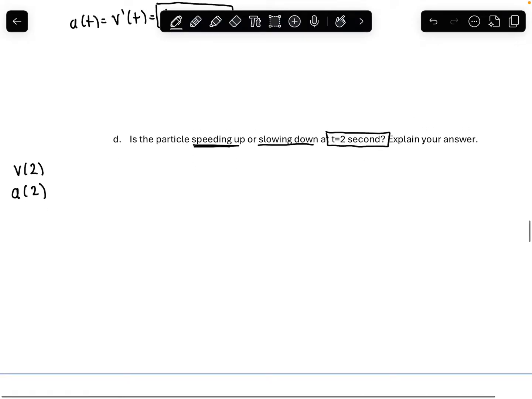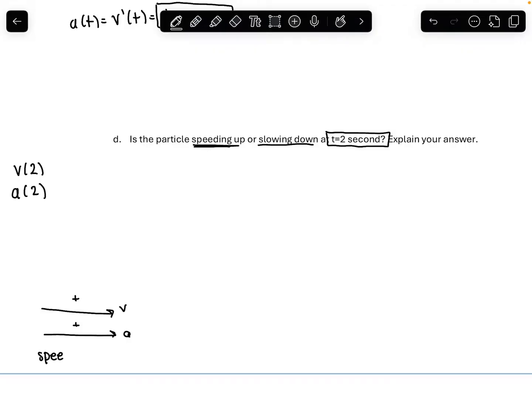The reason being is we have 4 scenarios to consider. Let's say my velocity is positive and my acceleration is also positive. That means my particle is speeding up because acceleration and velocity are moving in the same direction.